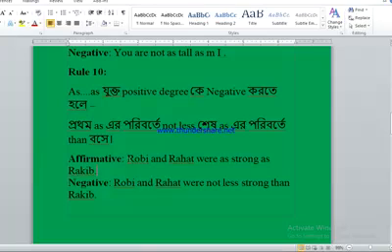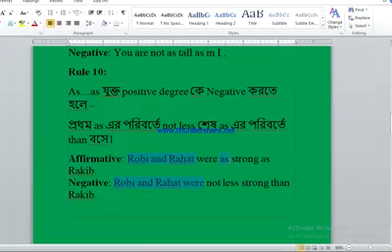Ravi and Rahat were as strong as Rakib. Okay, Ravi and Rahat will come as the subject in the negative sentence, then you will use the verb.